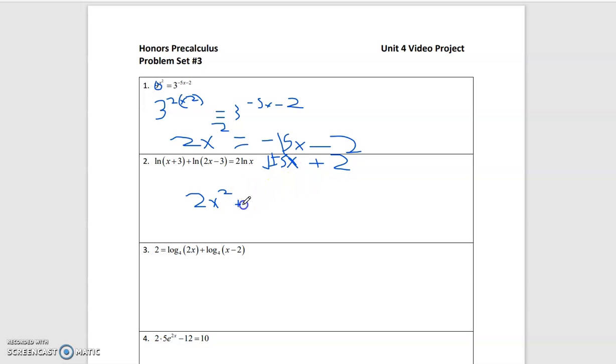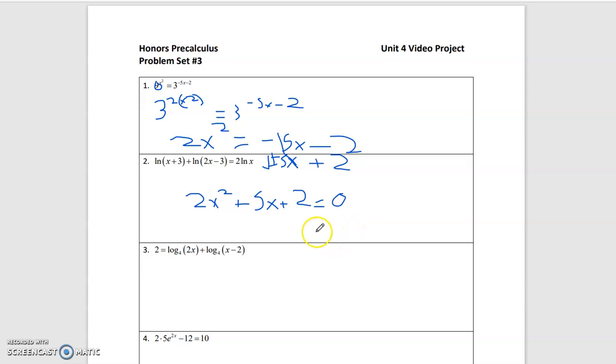So now we have 2x squared plus 5x plus 2 equals 0.